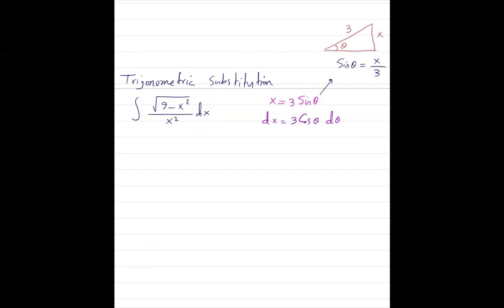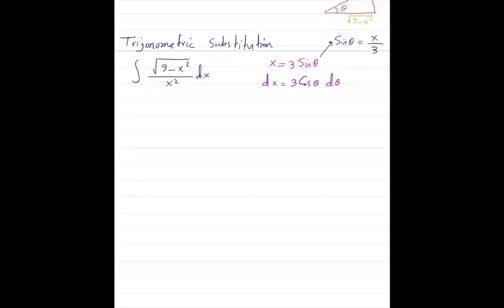So you can use the Pythagorean theorem to find the other side, which is going to be down here. By the Pythagorean theorem, this length is square root of 9 minus x squared. Okay, perfect. So again, for this integral, we use trig substitution.